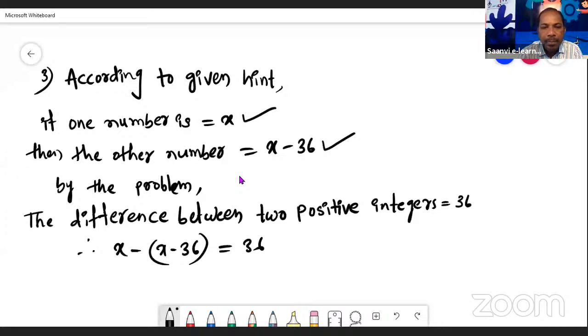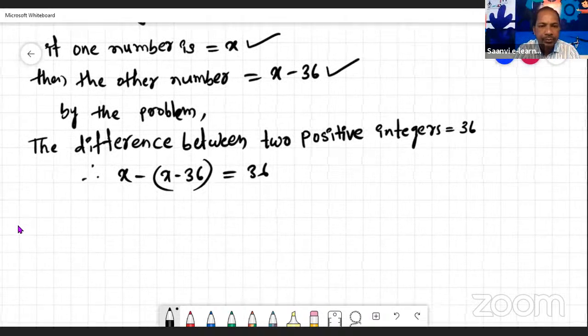Here x minus (x minus 36), minus into minus is plus 36, that is equal to 36. Okay. And again, what is given?